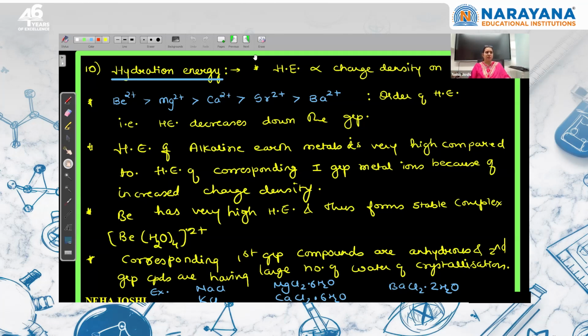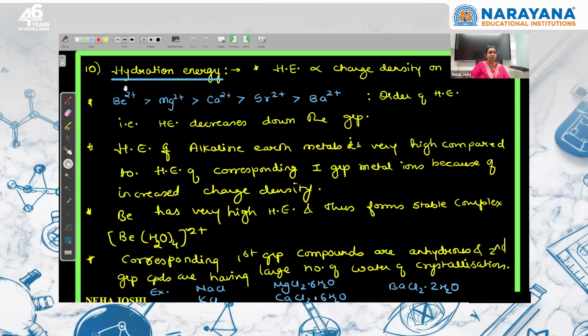So yes, they will show a relatively much higher heat of hydration. Is that absolutely clear? They show high heat of hydration, but still it decreases down the group.